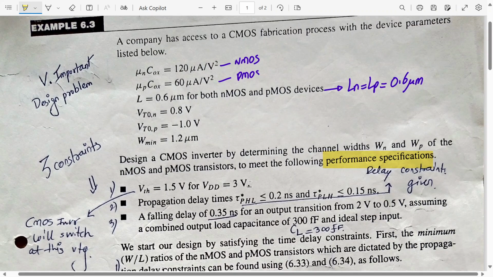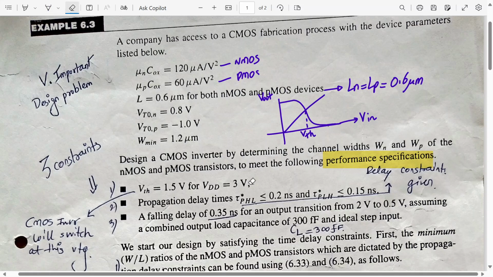That means, if I have a VTC curve, this is V in, this is V out. If I have a line passing through the origin with a slope 1, wherever it intersects, this is VTH.